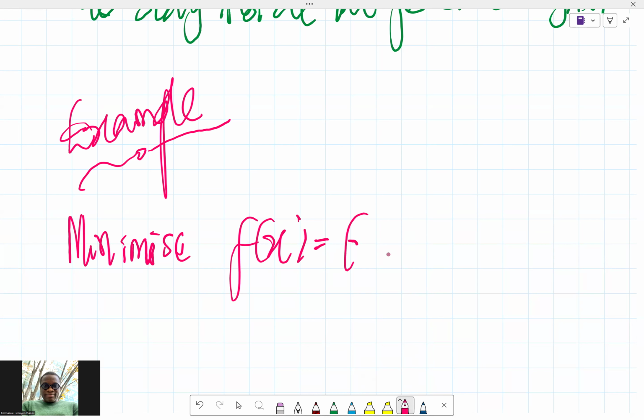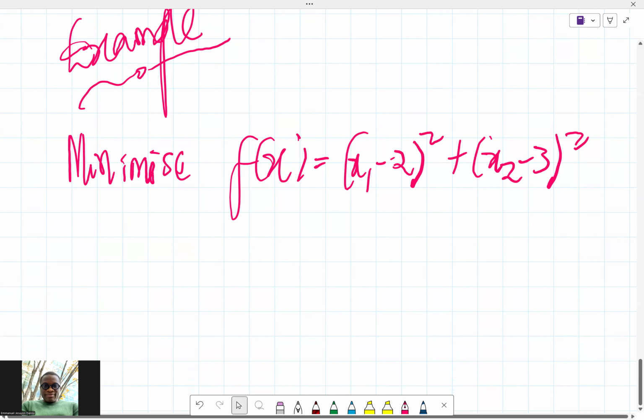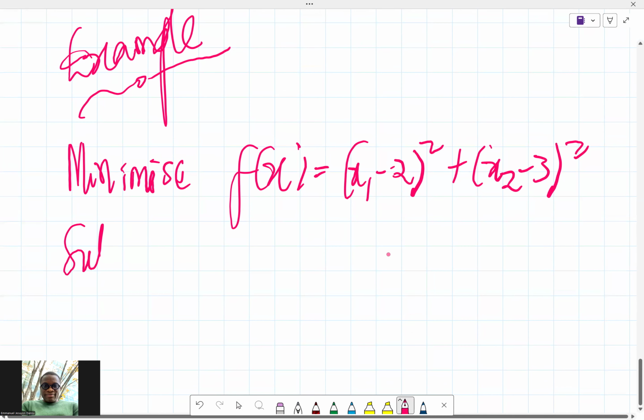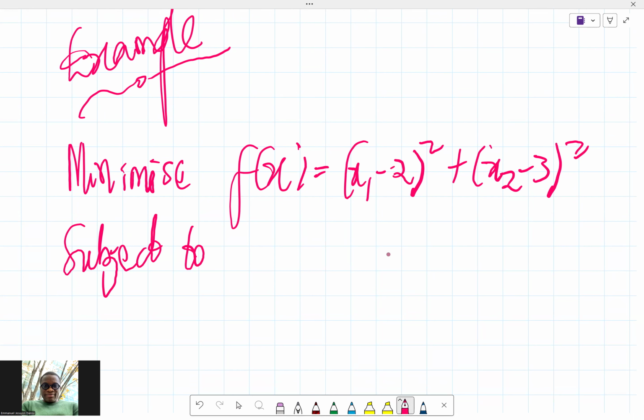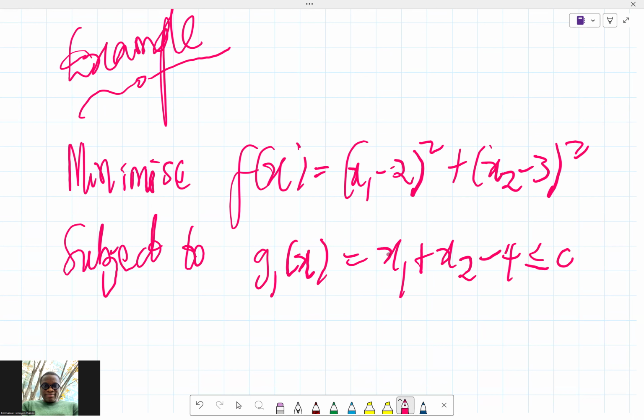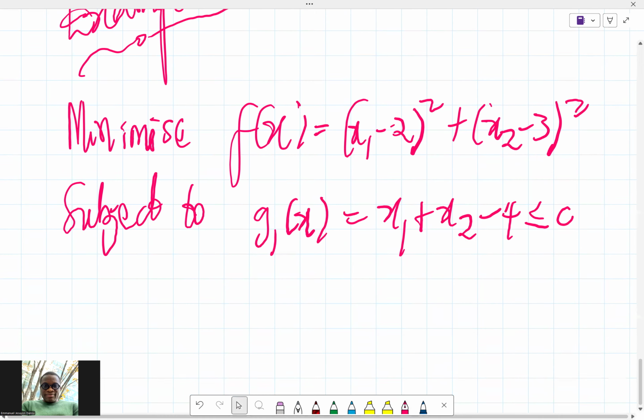So f of x equals x1 minus 2 squared plus x2 minus 3 squared. I think the same thing we did before. Now subject to g1 of x equals x1 plus x2 minus 4 less than or equal to 0. So in this case, we have just the inequality constraint.